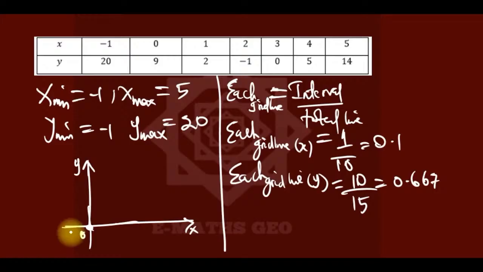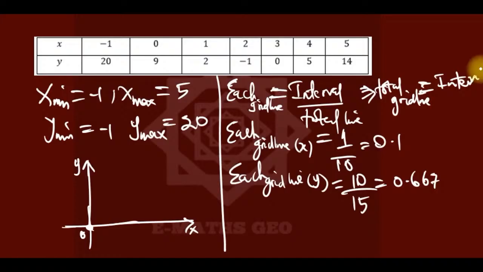So if we want to locate any value, we now divide. From this formula, to get the total grid lines to any value, we divide that value we are looking for, that's the interval, over each of the grid line. So depending on the axis, if it's x, we divide by 0.1.